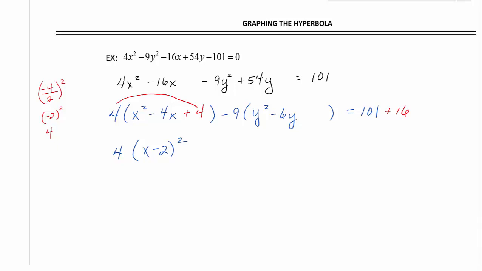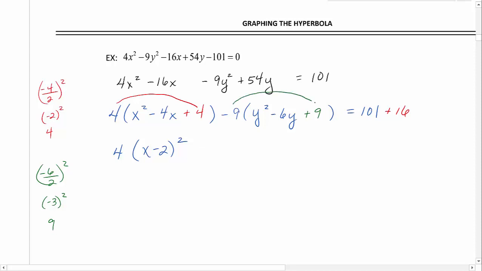Now let's create our perfect y trinomial. I'm going to take its b value, which is -6, divide it by 2 and square it. So it's -3 squared is 9. We're going to add 9 in our parentheses to create our perfect square trinomial. But when adding it to the right-hand side, we now have to distribute this -9 to the 9.